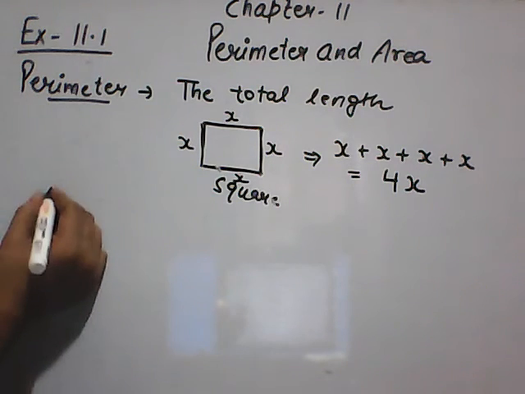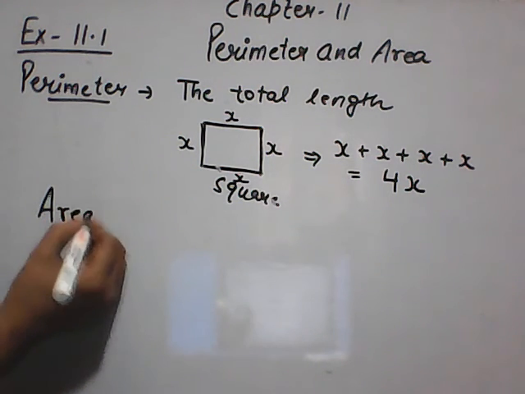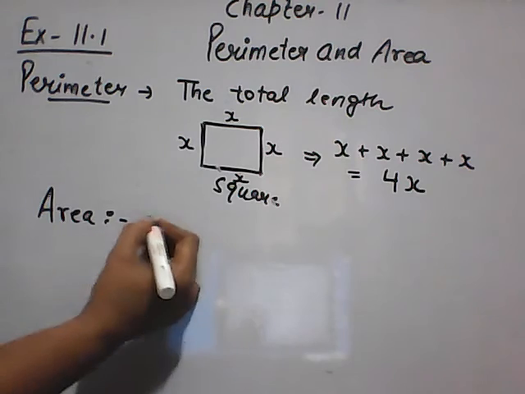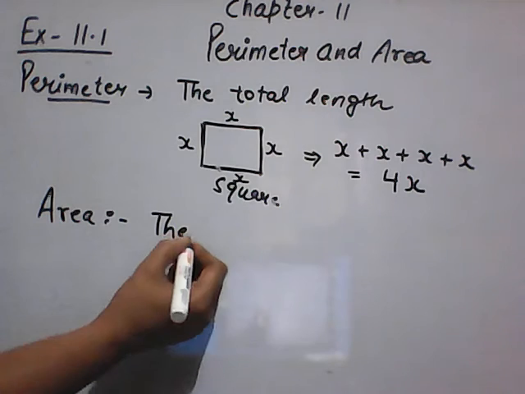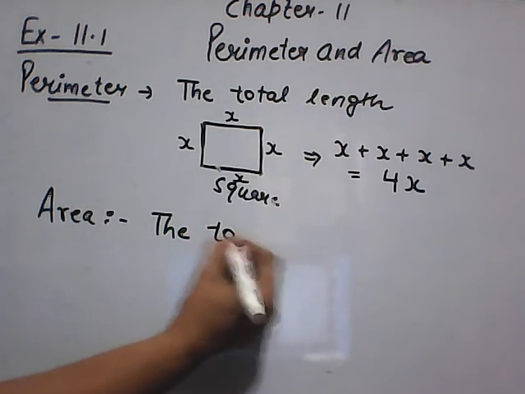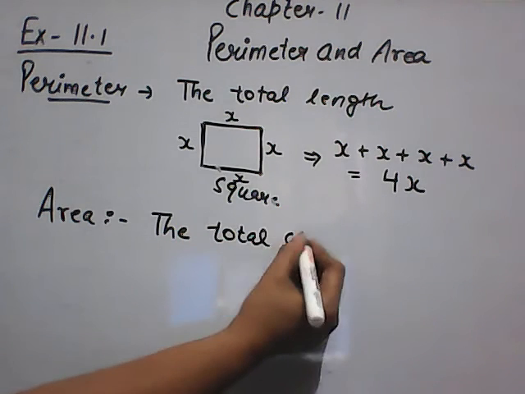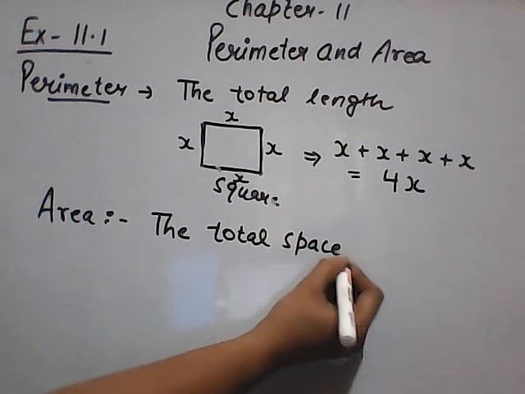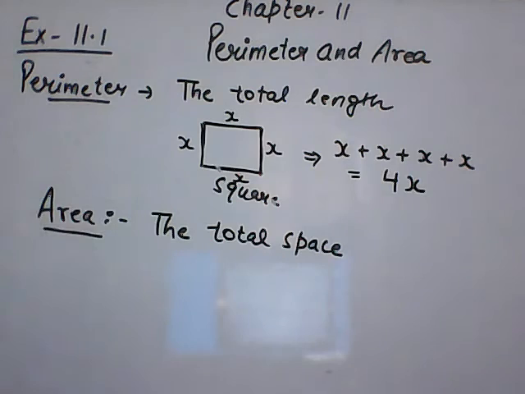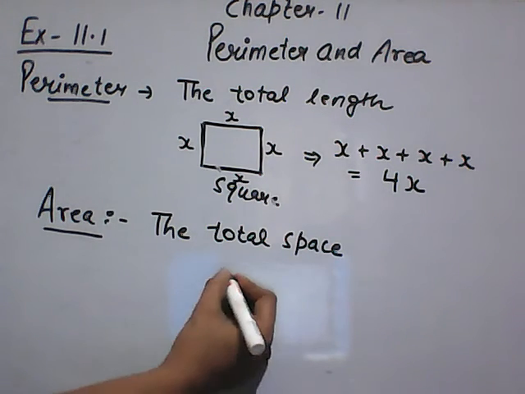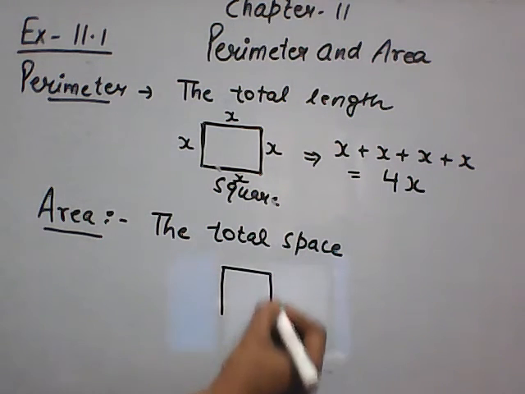Next term is area. Now what do you mean by area? The total space covered by the figure is known as area. That means how much space is occupied by the figure is known as area. Here, suppose it is the square.